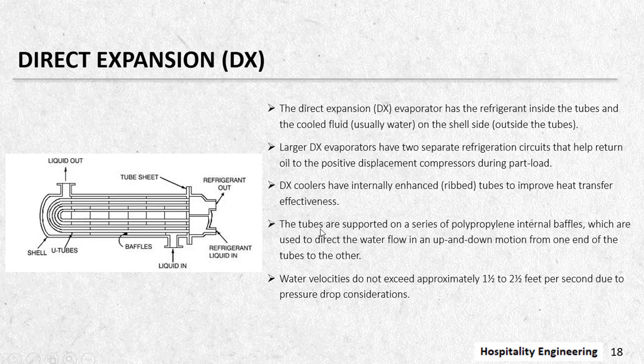The tubes are supported on a series of polypropylene internal baffles which are used to direct the water flow in an up and down motion from one end of the tubes to the other. Water velocity does not exceed approximately 1.5 to 2.5 feet per second due to pressure drop considerations.